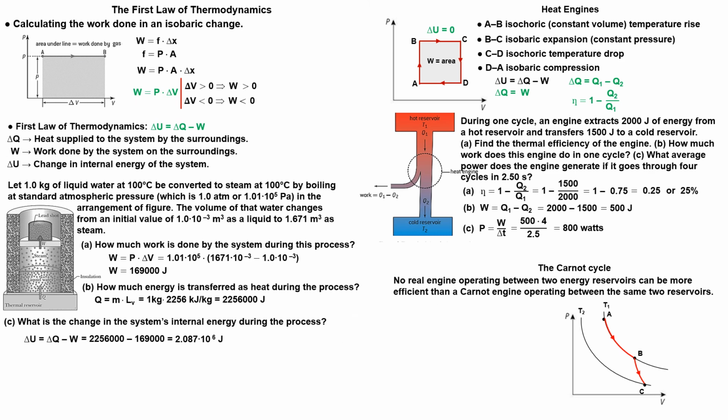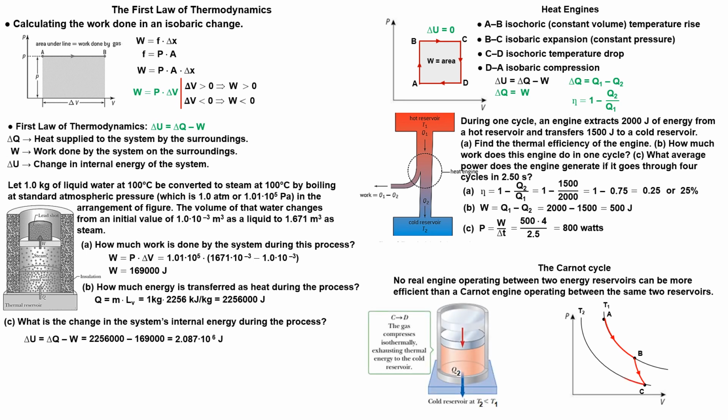In the process from C to D, the gas is placed in thermal contact with a cold reservoir at temperature T2 and is compressed isothermally at temperature T2. During this time, the gas expels energy Q2 to the reservoir and work is done on the gas.